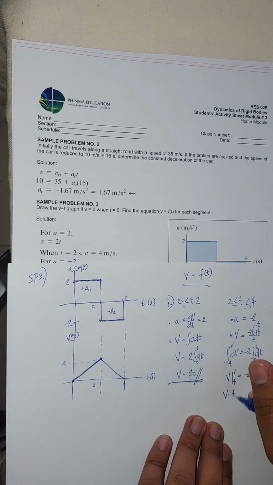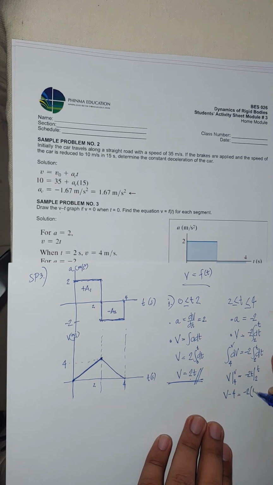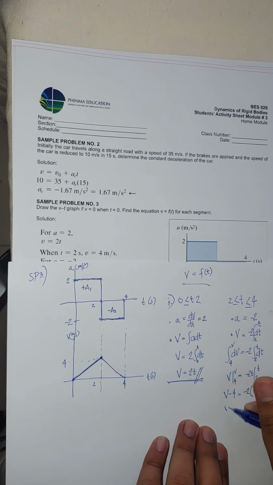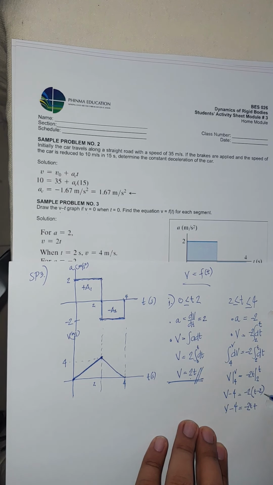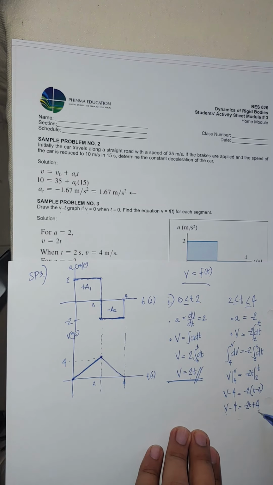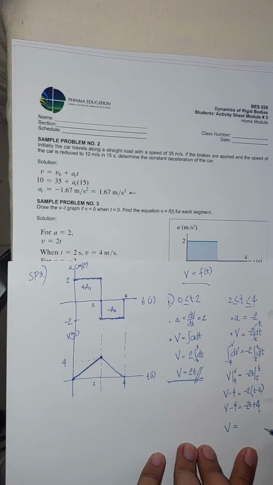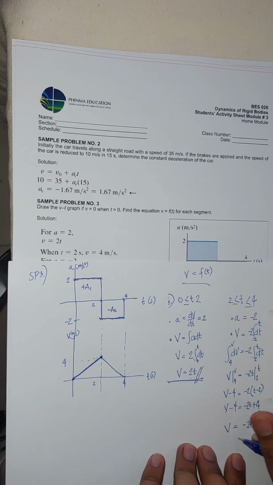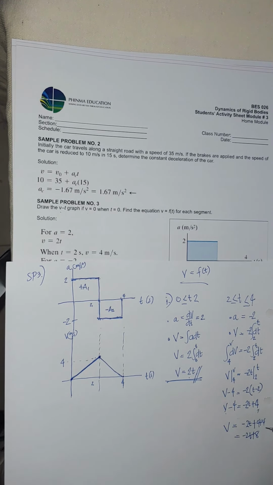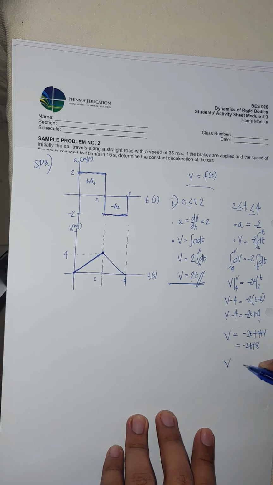Simplifying, v minus 4 is equal to negative 2 times t minus 2. V minus 4 is equal to negative 2t plus 4. Transposing this negative 4 to this side, our velocity function from 2 seconds to 4 seconds is equal to negative 2t plus 4 plus 4, which equals negative 2t plus 8, or simply v is equal to 8 minus 2t.